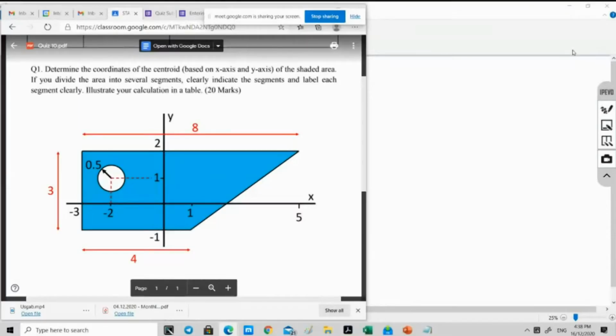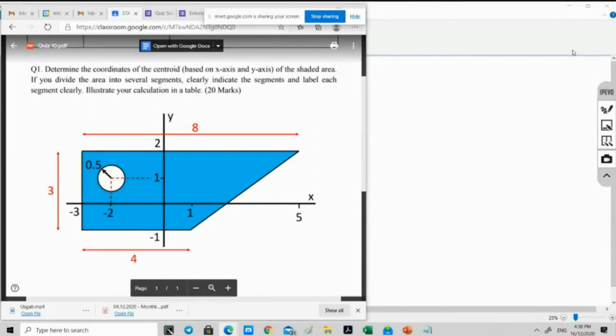Okay, inshallah. So this was the previous quiz for chapter 9, the second part, which is related to composite area, where the question asked us to determine the coordinate of the centroid.